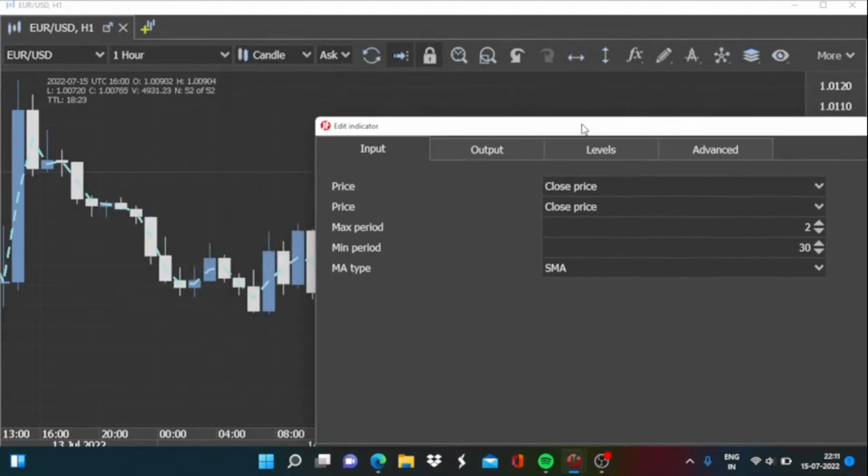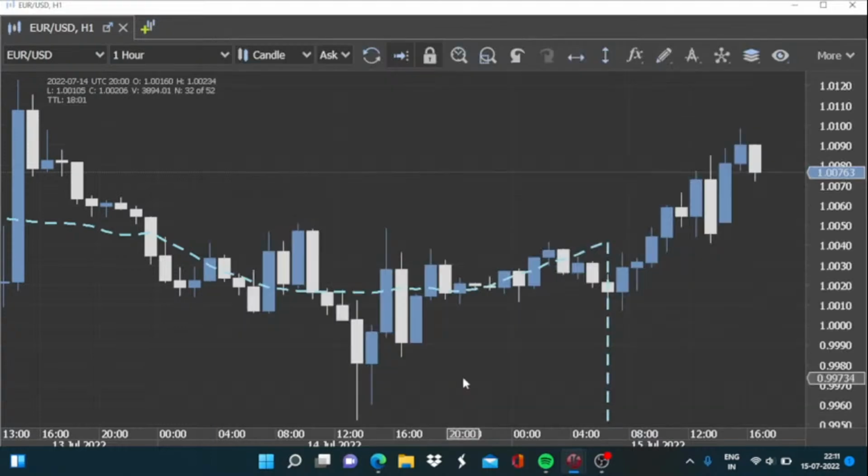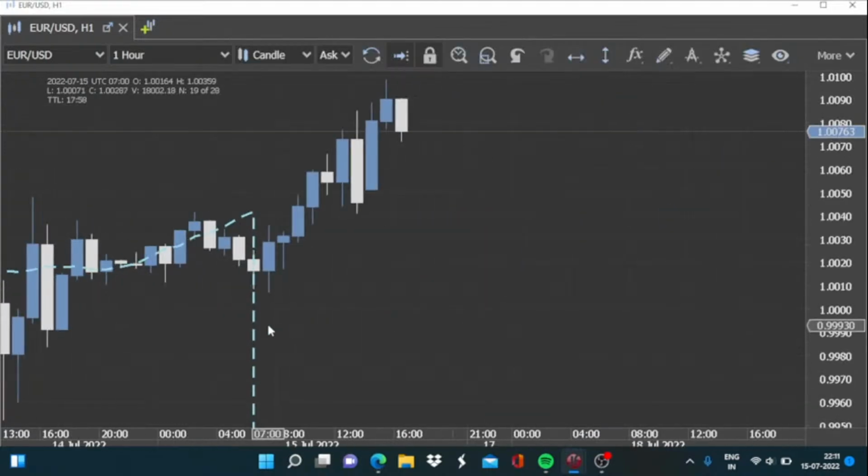So if we change it, if we increase it or decrease it, you will see that this plotted indicator changes substantially. Now if I change it to a combination of 20, 10 with the applied price being the close price and the MA type is a simple moving average, you can see that it has changed a lot.